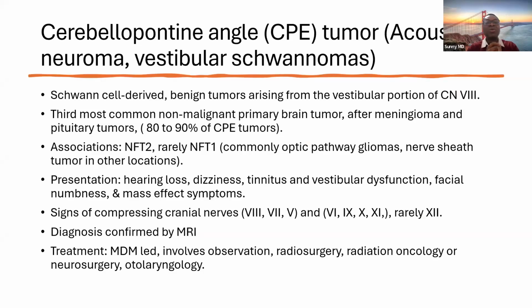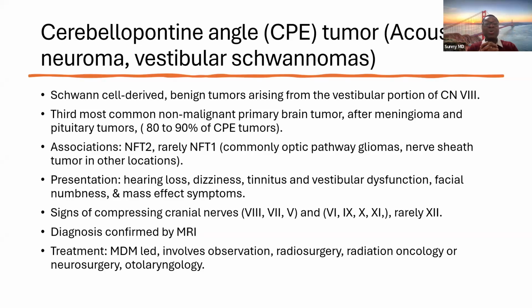So CP angle tumors have these names: vestibular schwannomas, acoustic neuromas. It is a benign, slow growing tumor that affects the vestibular portion of the eighth cranial nerve. It is the most common non-malignant primary tumor after meningioma, and these account for nearly 90% of CP angle tumors. It can be associated with neurofibromatosis type 2.